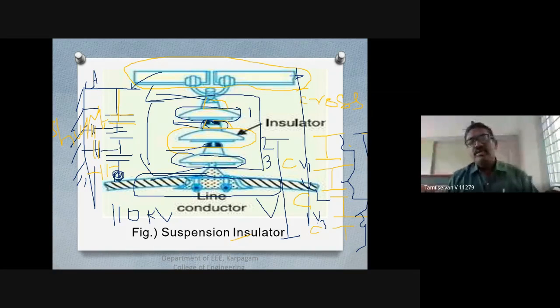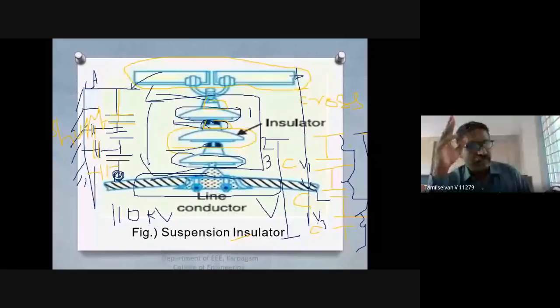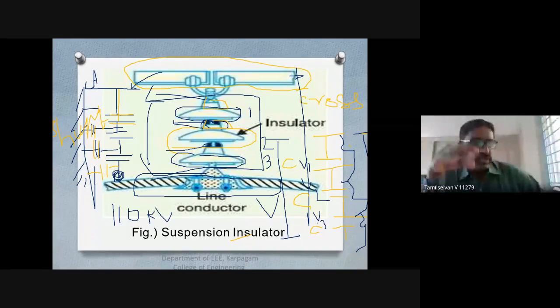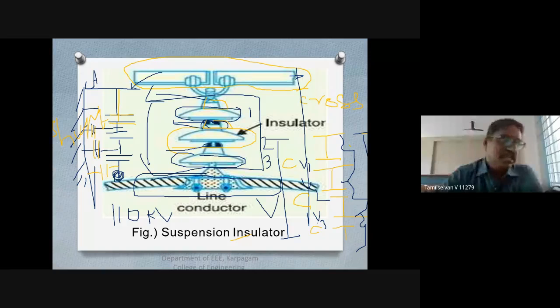Since there is capacitance in your suspension type of insulators, the voltage distribution of the insulator string has to be calculated. How are we going to calculate it? We have to know about the mutual capacitance and the shunt capacitance in the strings. Then only can we calculate the voltage distribution.